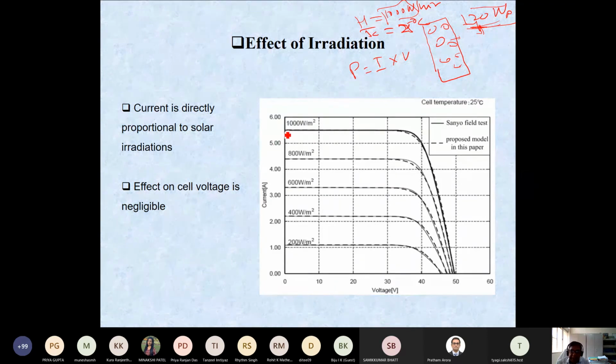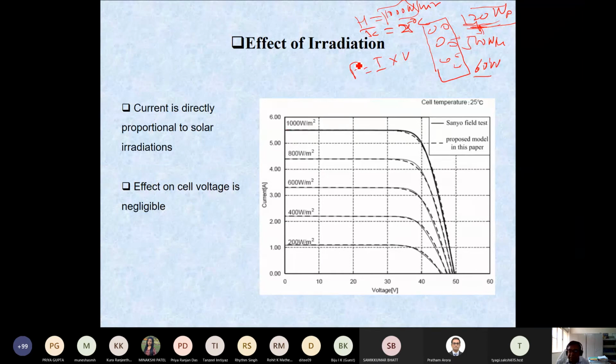This current is directly proportionate to the solar radiation, and if you have higher solar radiation, you will get higher current. That means if you put a 120 watt module under 500 watt per meter square, it will give 60 watt. So that is directly proportionate.